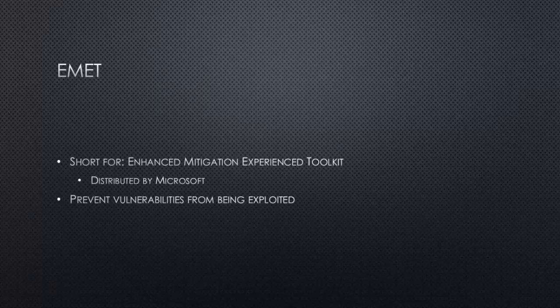EMET is short for Enhanced Mitigation Experience Toolkit. It's distributed by Microsoft, and the main use of it is to prevent vulnerabilities from being exploited. It accomplishes this by using security mitigation technology, and it basically makes it harder for an attacker to access those vulnerabilities in your system.